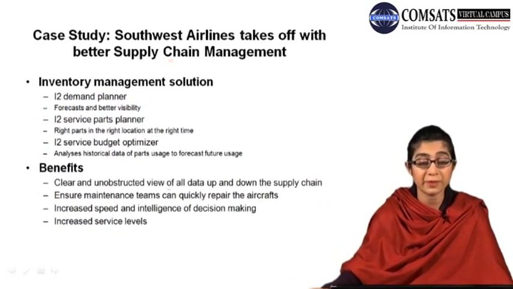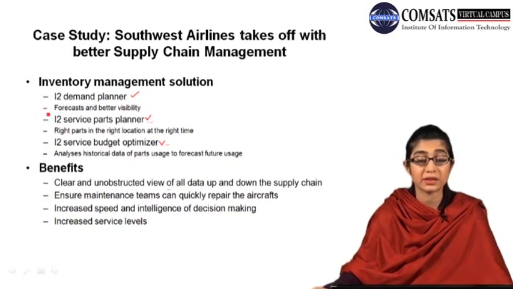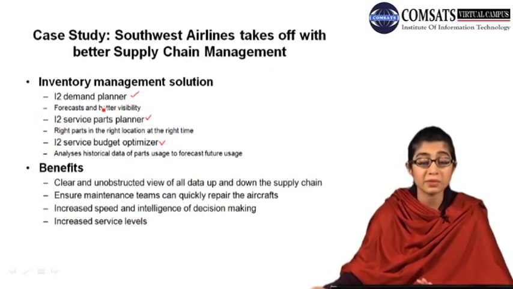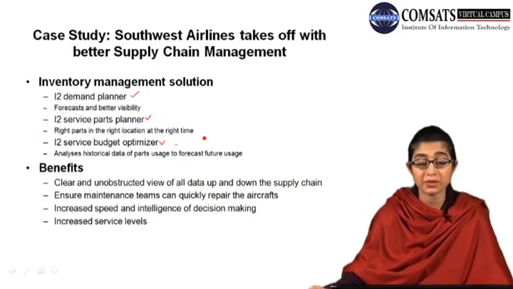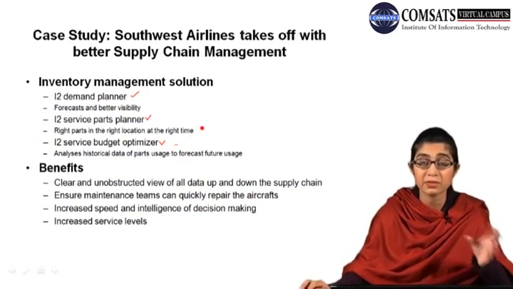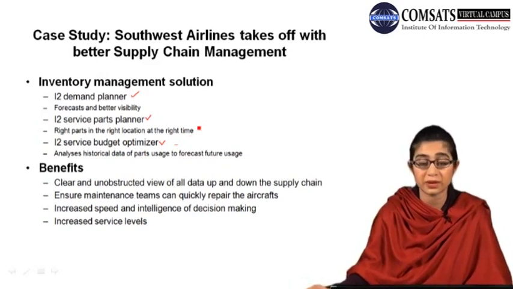Through these three modules they were achieving operational excellence, because the I2 demand planner was providing them the forecast and better visibility. The I2 service parts planner was providing the right parts at the right location and right time, helping them provide parts to the maintenance team so that they could repair the aircraft on time.